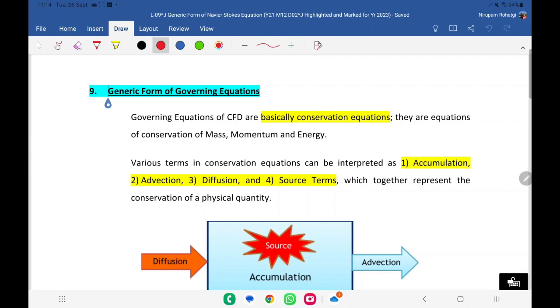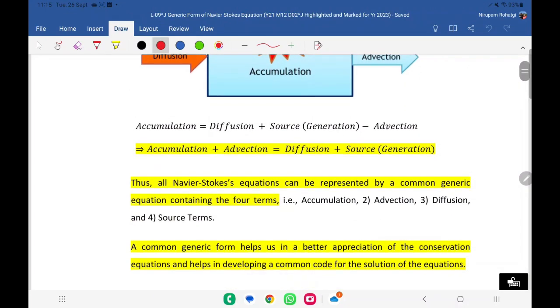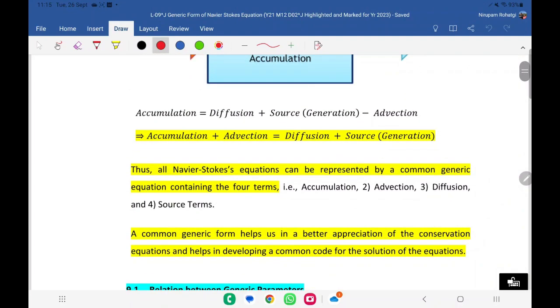So all the 5 equations can be replaced by not a single equation, but a similar equation for all of them. Now what will be the advantage of that? What we are going to show is that all Navier-Stokes equations can be represented by a common generic equation.